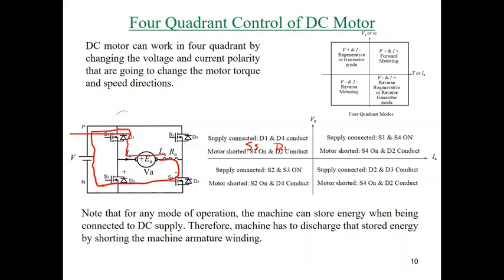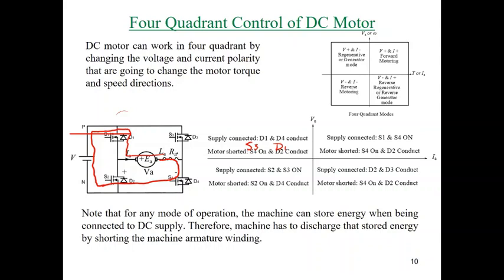Again, in the supply connected mode, in order to return the energy to the supply, the current will flow in that direction through D1 and D4. So in order to make a short circuit on the machine with the same current direction, of course, we need to apply D1 with S3 because the current in S3 is moving in that direction.